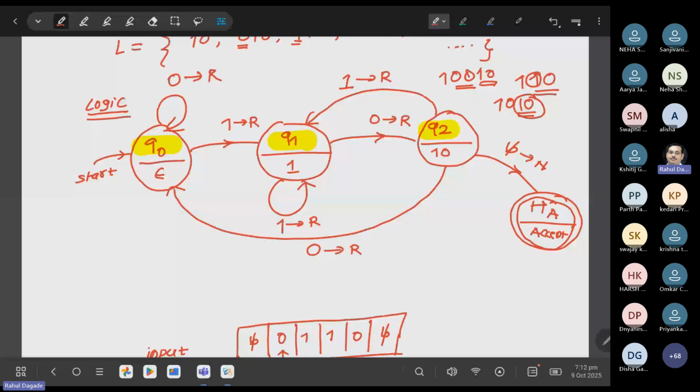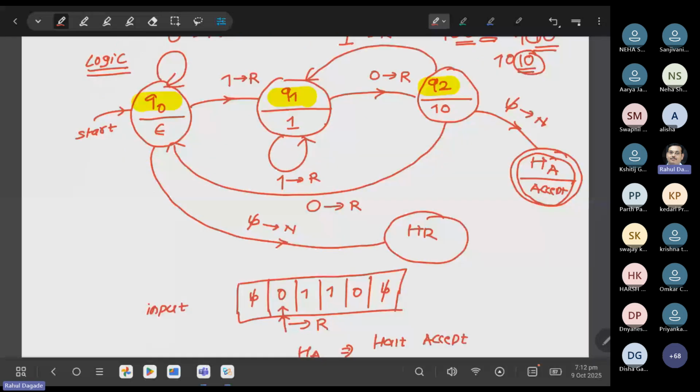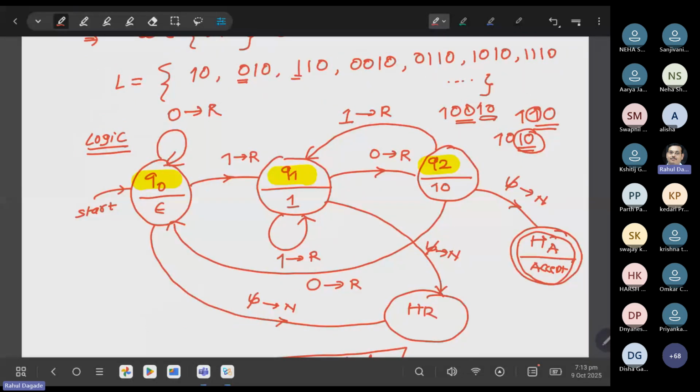In Q1 state, if I get a blank, that will also reject. So the reject state is added. Okay, so this is the TM finally.